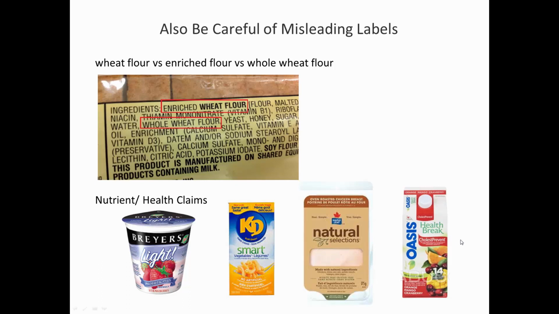Here's another one. This is an Oasis juice drink. It's called Cholest Prevent, and it's intended, this is according to the company, intended for people who are concerned about their cholesterol level in their blood, or have a family history of high cholesterol. But again, when you break this down, in order to gain the required health benefits, a person would need to drink 2 glasses of this every day. And that works out to about 1.5 kilograms of sugar that you would be consuming every month.